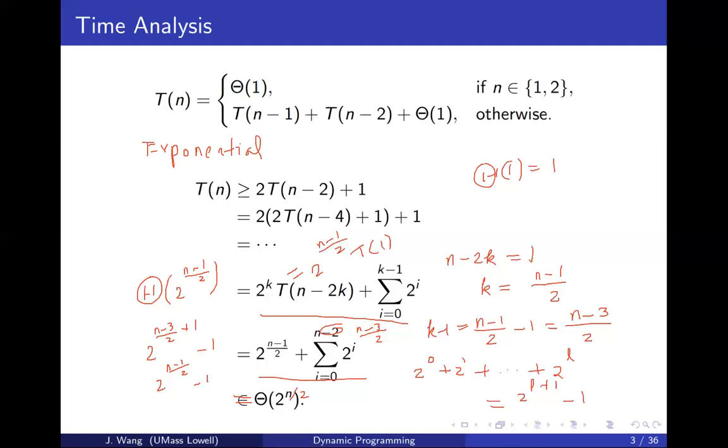When n is equal to 40, then 2 to the n over 2 is 2 to the 20. So that is 1 million. So you know this is exponential, not good.